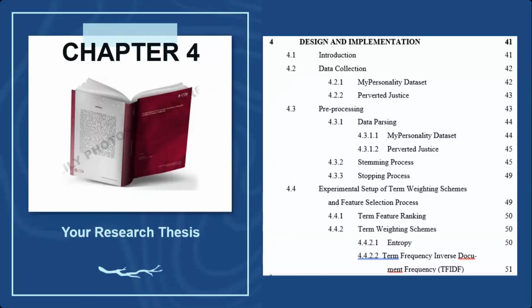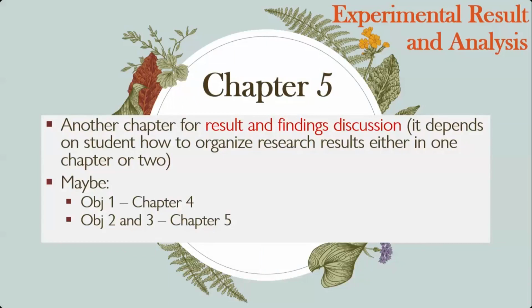So design and implementation. Chapter 5, another chapter of results if you want to have another. This one you need to discuss with your supervisor. Some students are fine with chapter 4 only, chapter 4 validation, but some students want to show objective 1 and objective 2 in a certain chapter. So it depends.